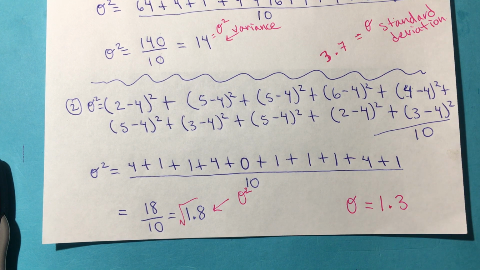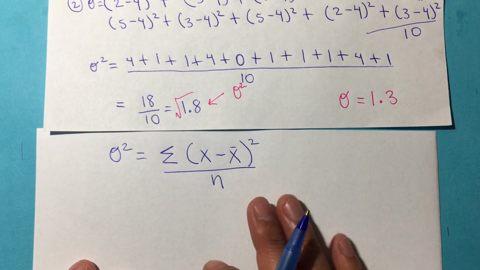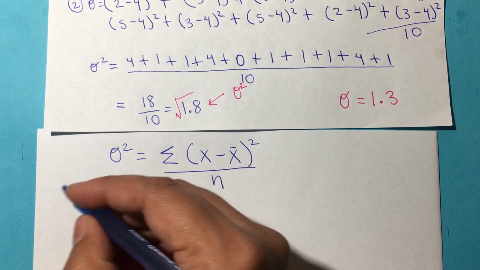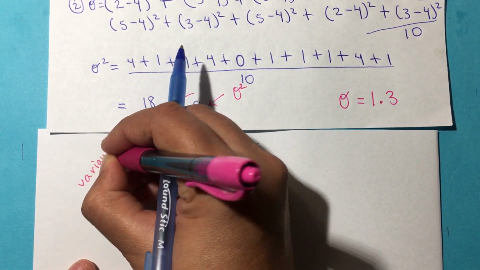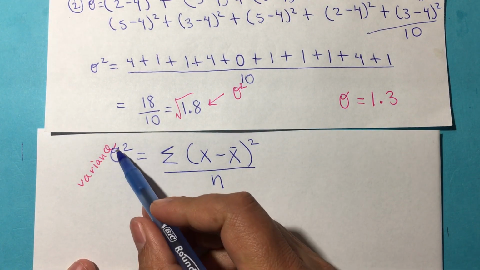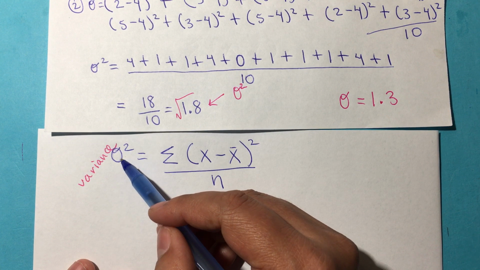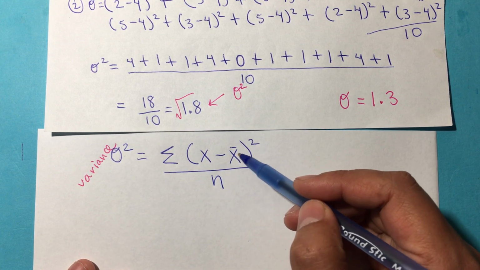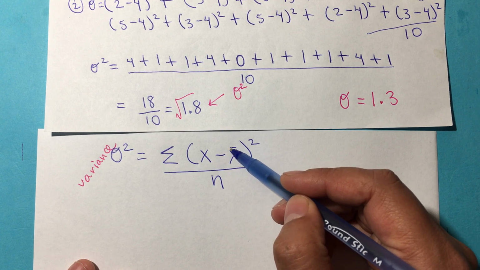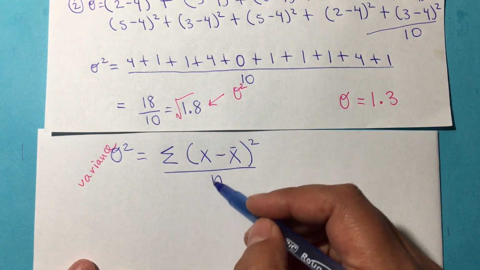So now that you have all this, we will finalize with the formula. Now let me show you the formula for sigma squared, which is the variance. Sigma squared is equal to the sum, capital sigma, of x minus x-bar, with this little line on top, in parentheses, squared, and then divided by n.